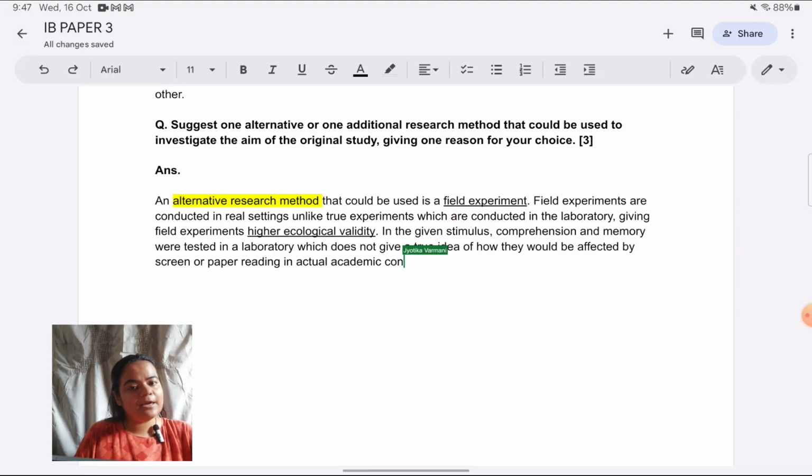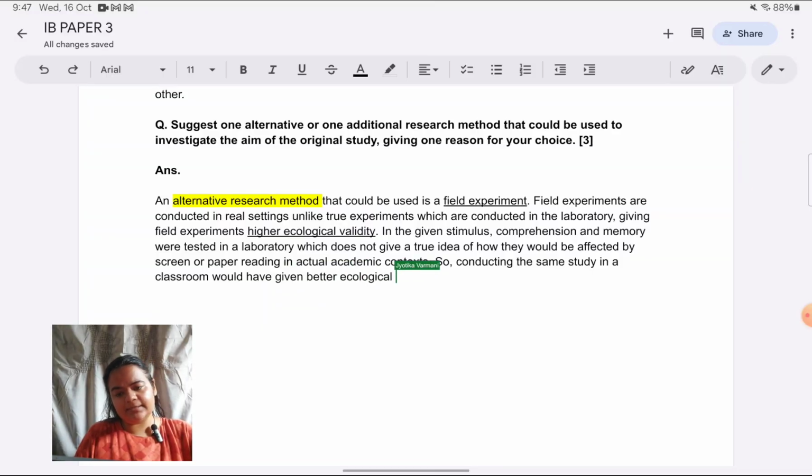So here you can see how I'm contextualizing the point, or making it relevant to the given stimulus. Conducting the same study in a classroom would have given better ecological validity. You can also call it external validity. It's just that ecological validity is more specific. External is broad based because it can refer to population validity as well.